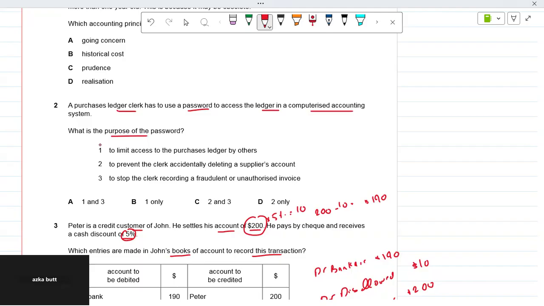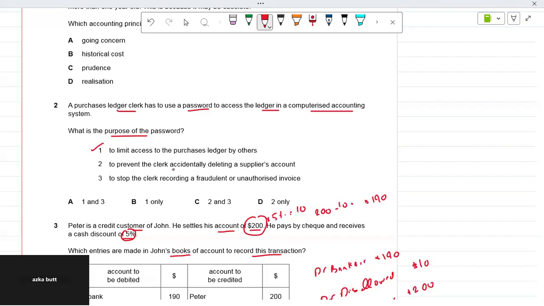What is the purpose of the password? First one is to limit access to purchase ledgers by others. So passwords are primarily used to restrict access to sensitive information, ensuring that only authorized personnel like the purchase ledger clerk can access the purchase ledger. So in conclusion, this is the main purpose of the password.